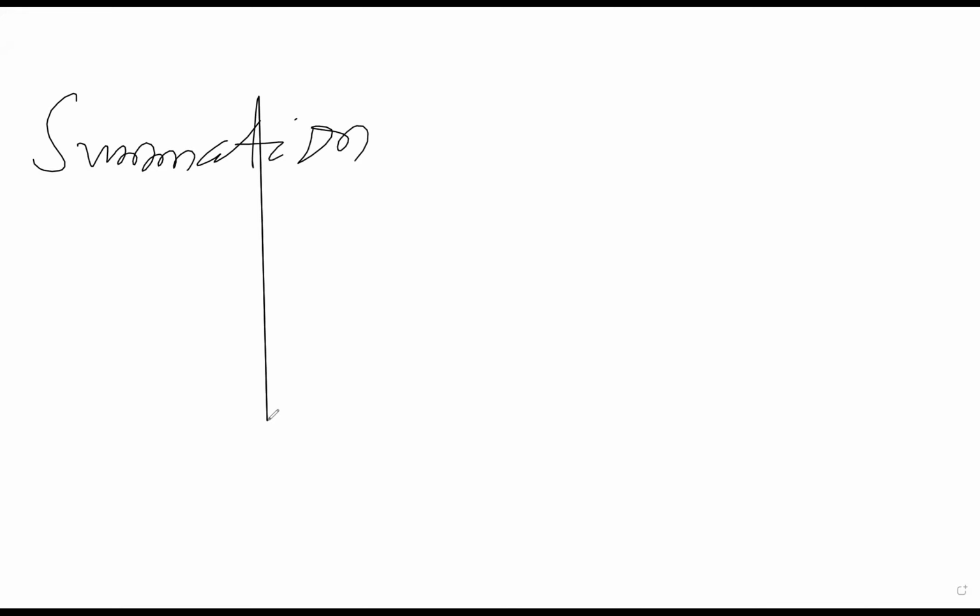We have to calculate the forces in the x direction, the summation of forces in the x direction.